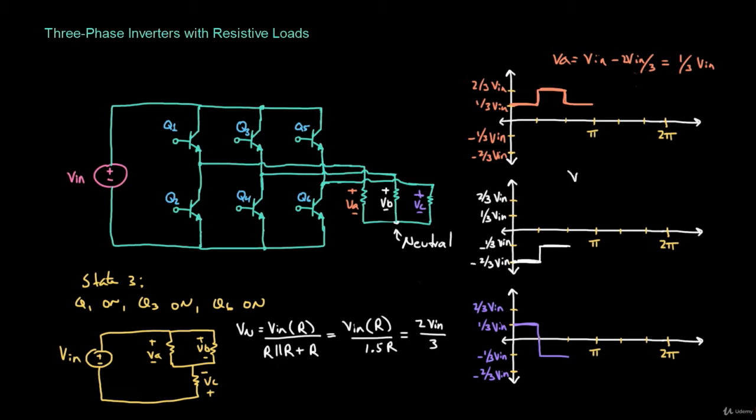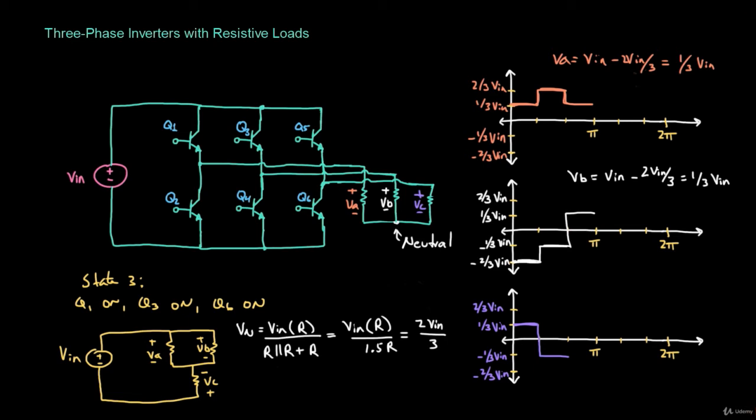And VB is going to be equal to Vn, because now the positive terminal of VB is connected to the positive terminal of Vn, minus the neutral voltage, so 2 Vn over 3. So this is going to be equal to 1/3 of Vn. So now VB jumps from minus 1/3 of Vn to plus 1/3 of Vn.